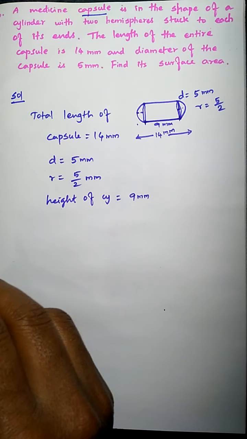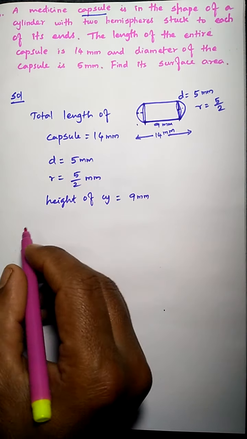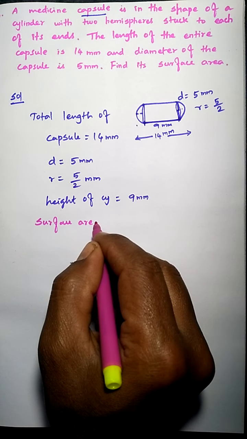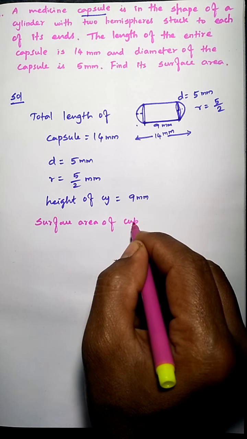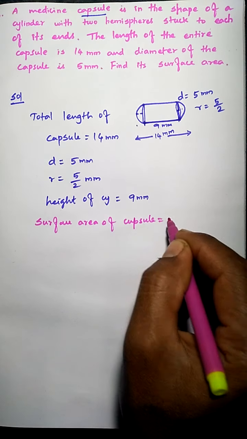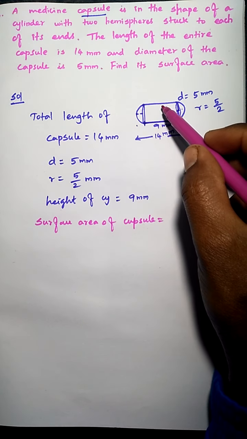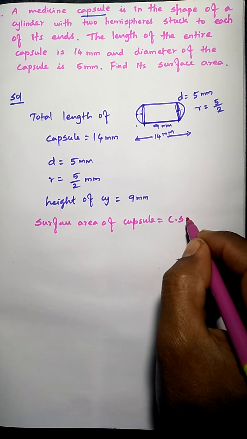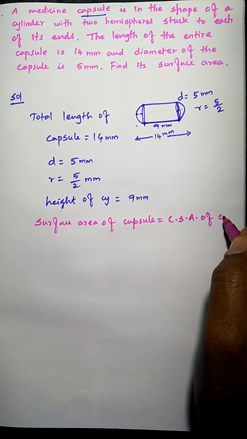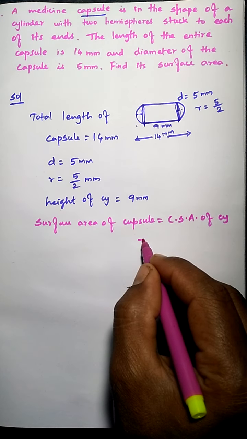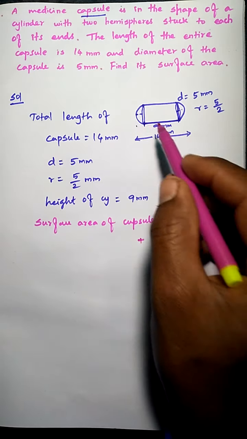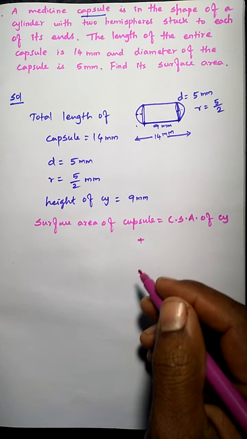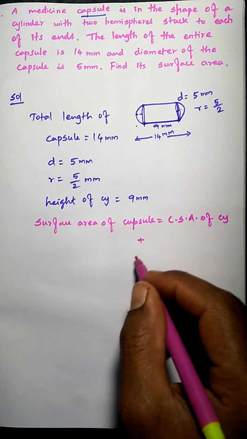So we can use the surface area formula. Surface area of capsule equals, we have here three parts: one is the cylinder and two hemispheres. So curved surface area of the cylindrical part plus two hemispheres. You can take the two hemispheres as one sphere, or if you are taking 2 times also, no problem.